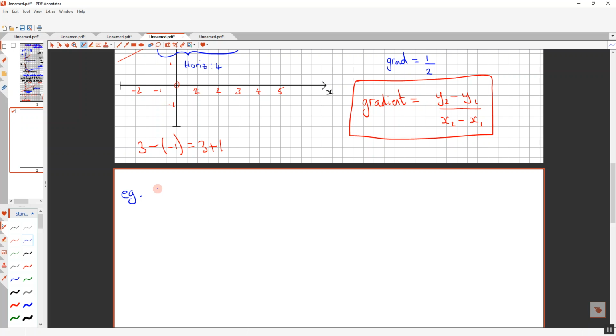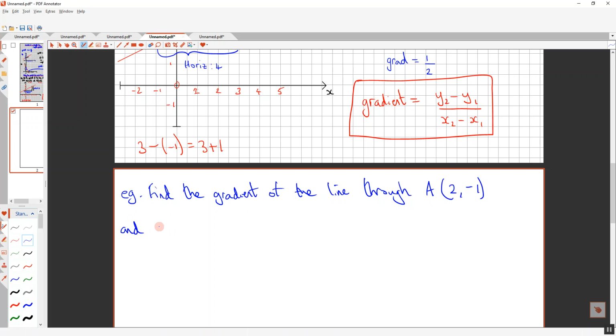So example: find the gradient of the line through, let's say A is (2, -1), and B, let's say (6, -4).